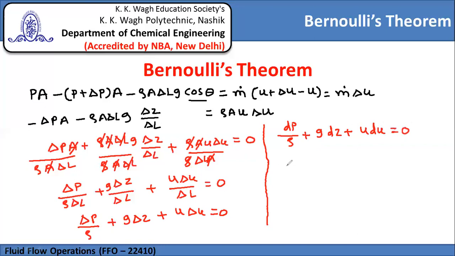And after integrating this equation, we will get P upon rho plus G into Z plus U square upon 2, and the integration of 0 will be constant. So this is the required equation of Bernoulli's theorem, that is the summation of pressure energy plus gravitational potential energy plus the kinetic energy is constant.